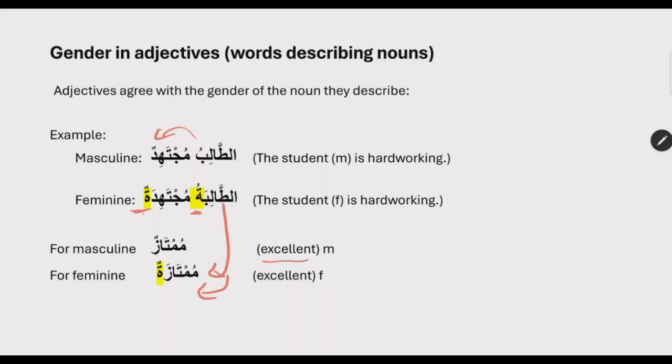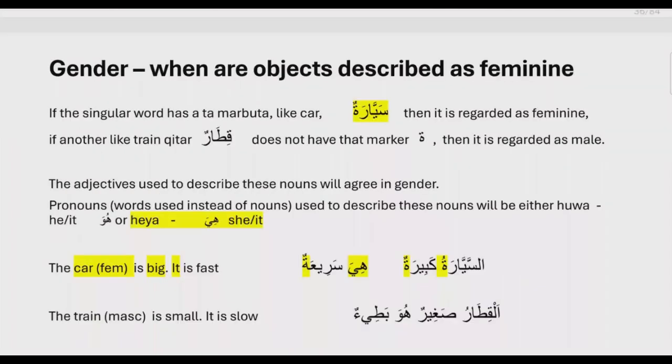Right, and just one last rule about gender and agreement, where you're describing a feminine object or a masculine object. If you want to say the car is big, you say the car and big at the end.